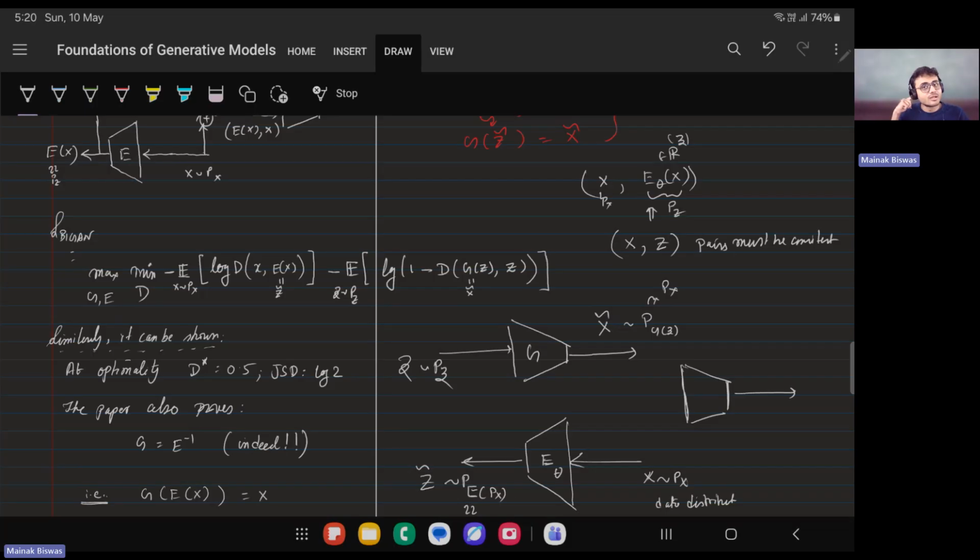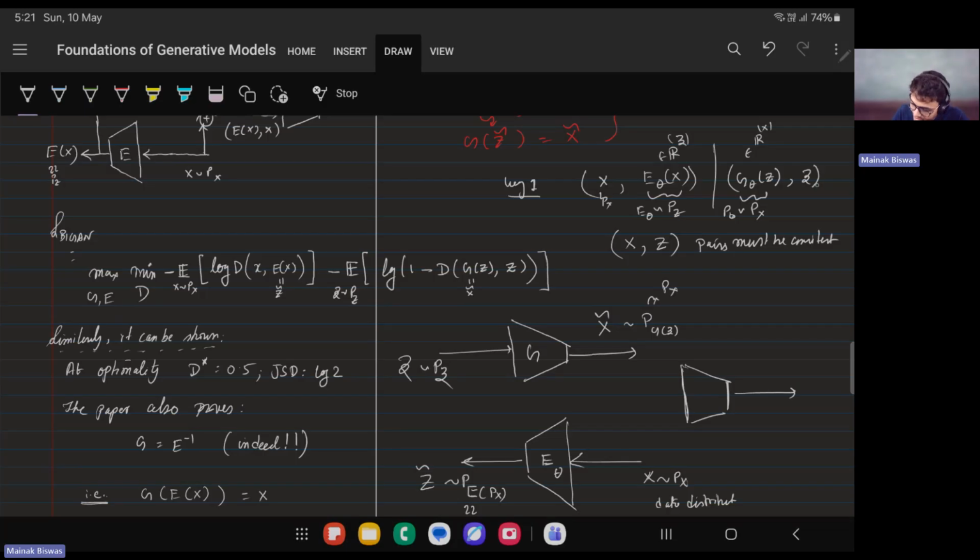Similarly, we want this tuple, that is generator of Z, to be in the X distribution. The generated data should be similar to the real data. Just P theta should be equal to Px and E theta should be equal to Pz. So we will pair things up like this.